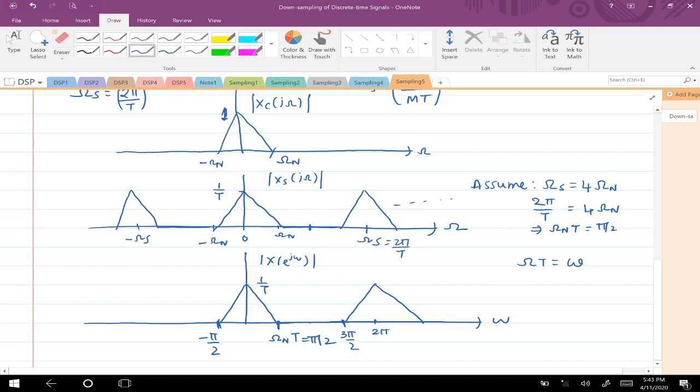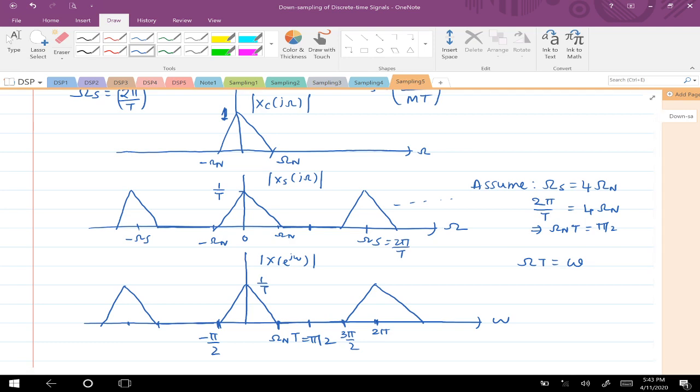This is 3 pi by 2. I have pi here. Similarly, this is pi. So let me draw just this copy. This is what I would be getting here. This is my X of e to the j omega. This is 2 pi. So I got X of e to the j omega.